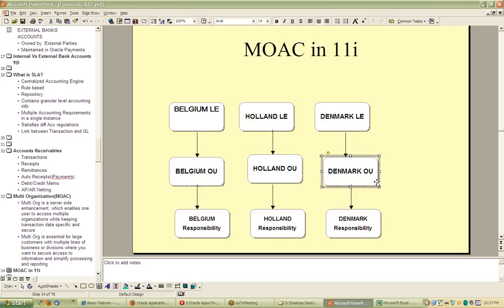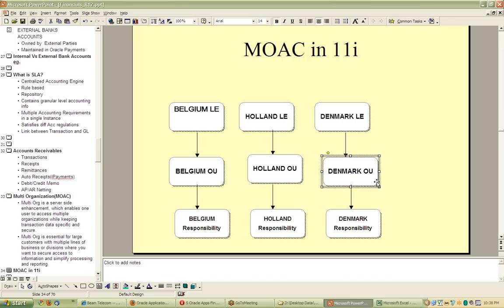He gets the first invoice, and it is for the Belgium operating unit, so he enters it there. Now let's say the second invoice is from the Holland operating unit. He has to log out of Belgium and log into Holland to enter that invoice.